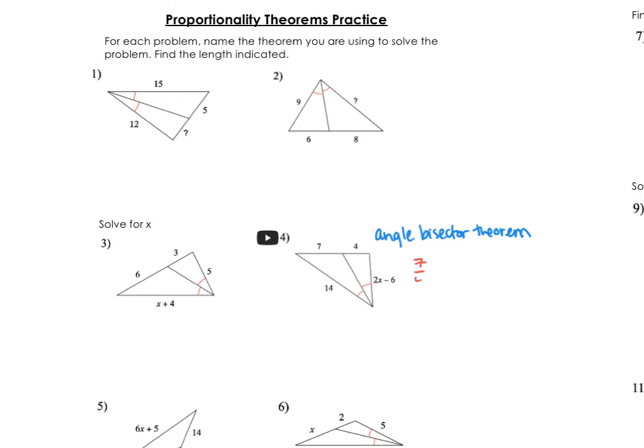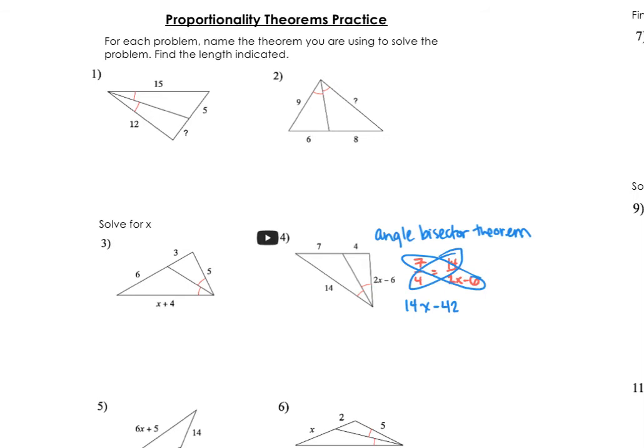So 7 over 4 equals 14 over 2x minus 6. Alright, so now we cross multiply. So remember when we're cross multiplying, we're distributing 7. So 7 times 2x is 14x, and 7 times negative 6 is negative 42.